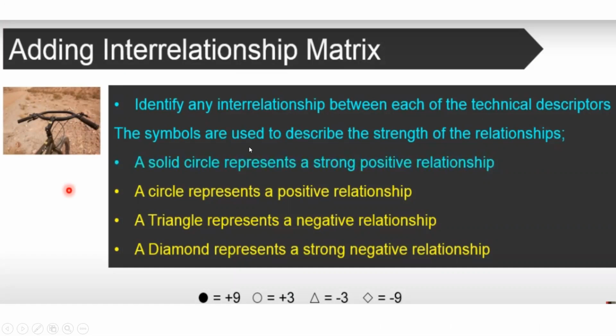The symbols can be used to describe the strength of the relationship. Almost the same: solid, strong relationship, 9 marks; this one 3 marks; -3, -9. Negative means very strong negative. Cannot means not possible.